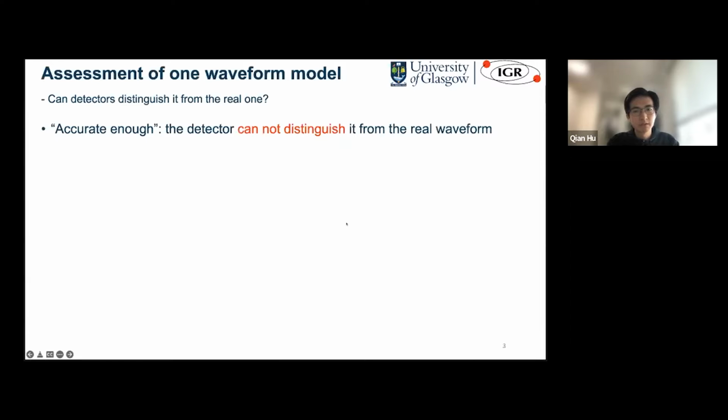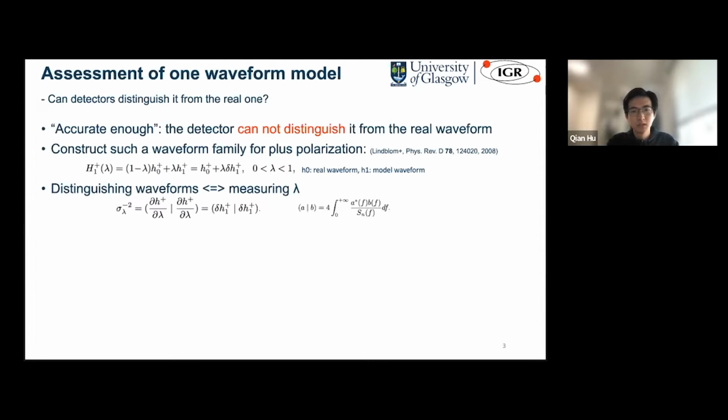So let's first look at the theory. Waveform models will always have some errors compared to the real waveforms. But as long as the detector cannot distinguish it from the real one, we can say it is accurate enough. To quantify this, we can construct a waveform family, a combination of the real and model waveforms with a parameter lambda ranging from 0 to 1.